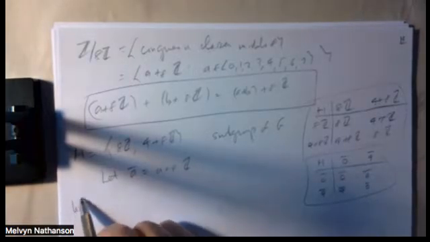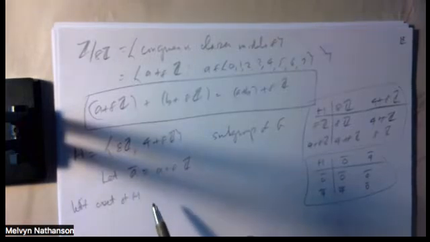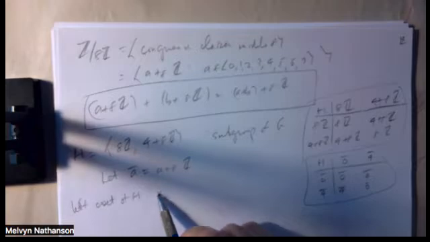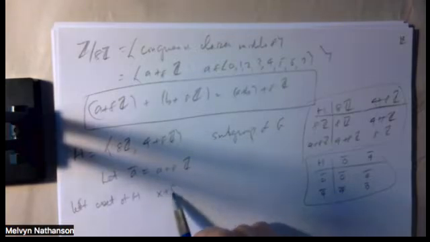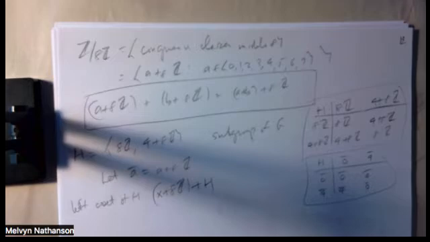And what is a left coset of H? So suppose I take the coset x plus H. What is that?